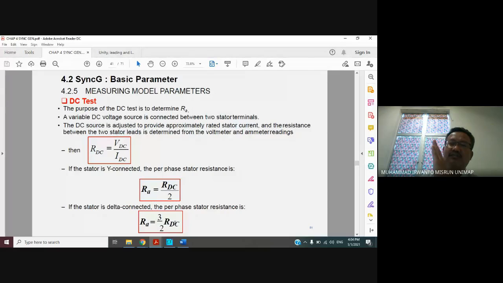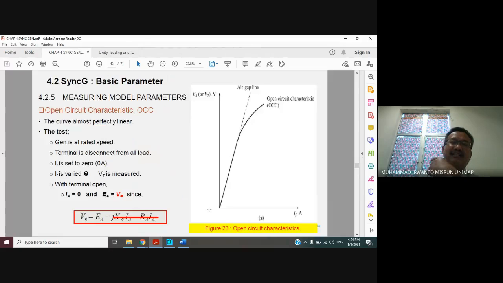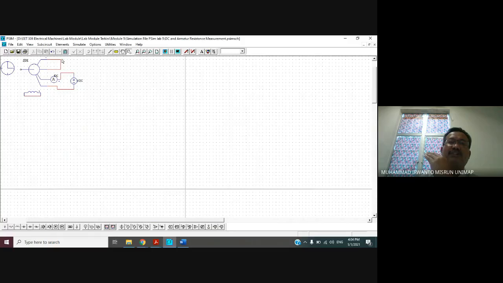If the connection of the synchronous generator is delta, the armature resistance is 3 over 2 multiplied by RDC. That is for the DC test. The second test is the open circuit test.